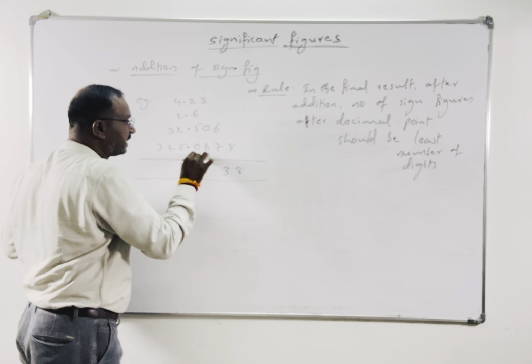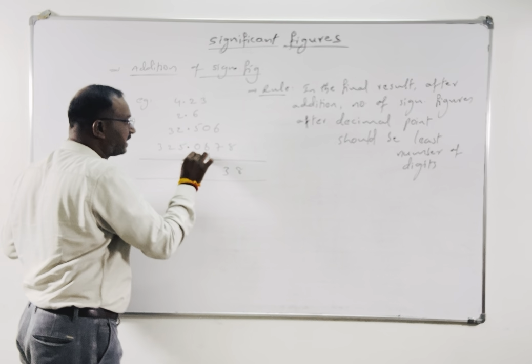364.4038 is the addition value we are getting, but this is a wrong representation. According to significant figures, it is wrong representation. We should not write this as the correct answer.